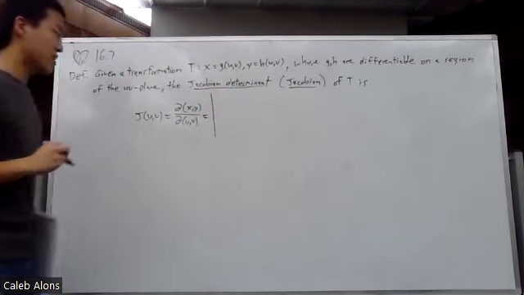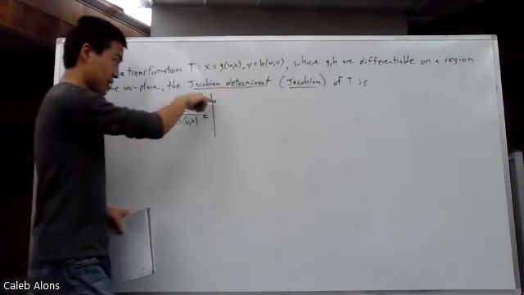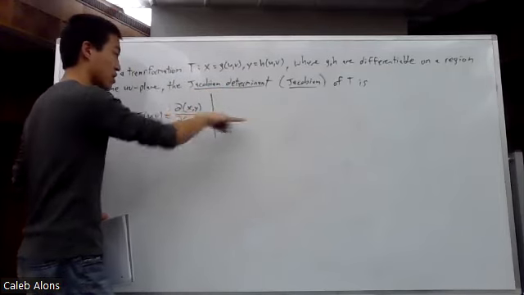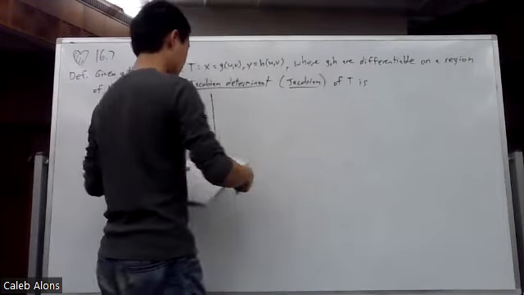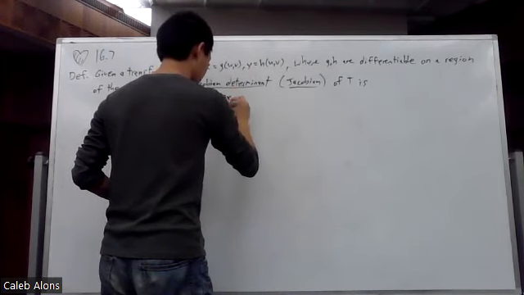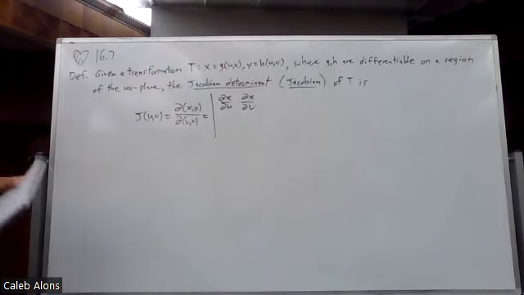It's a very specific 2x2 determinant in this case. Up top is the x's, so it's going to go x's, y's. The x's and the y's give the rows, the u's and the v's give the columns. So it's going to be partial x, partial u, partial x, partial v at the top.